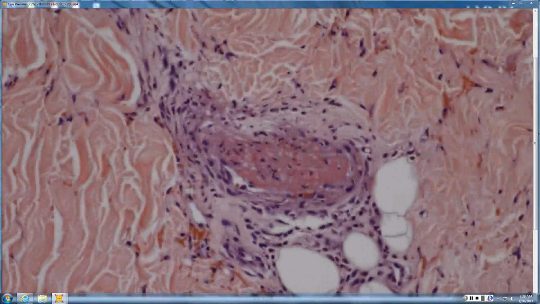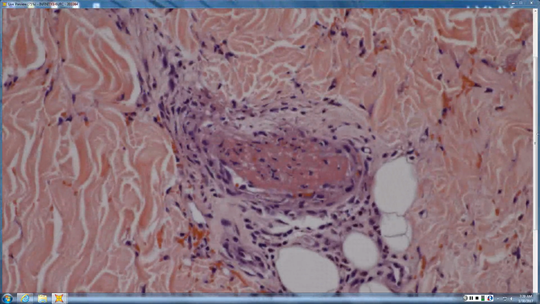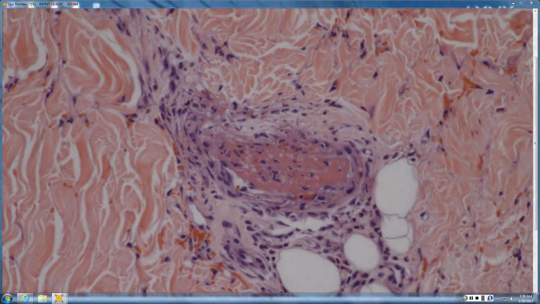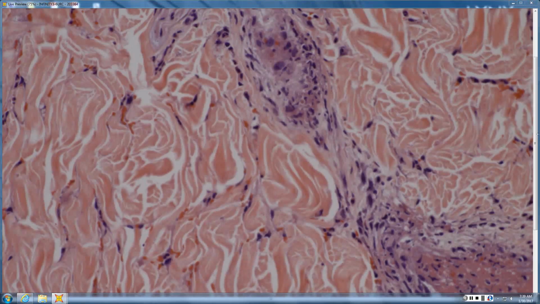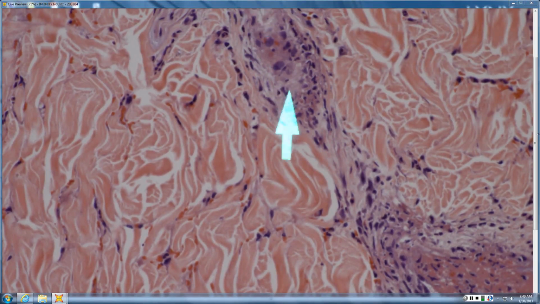It looks like maybe some sort of dermatitis reaction. Got kind of some granulomas, maybe forming around vessels. So you certainly have vessels, and is the vessel healthy or thrombosed?